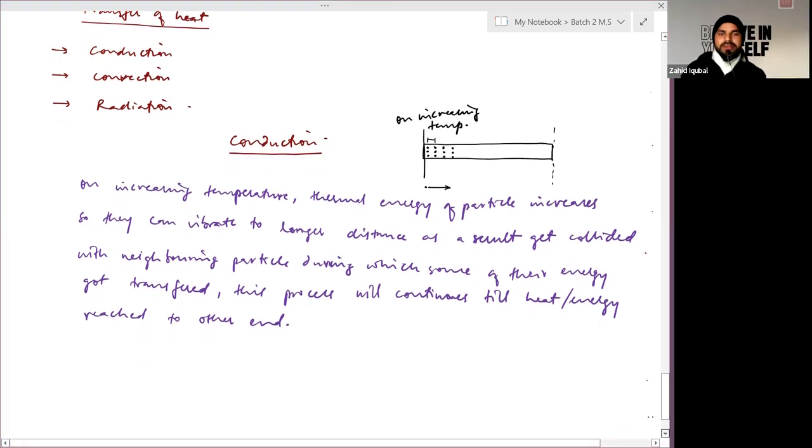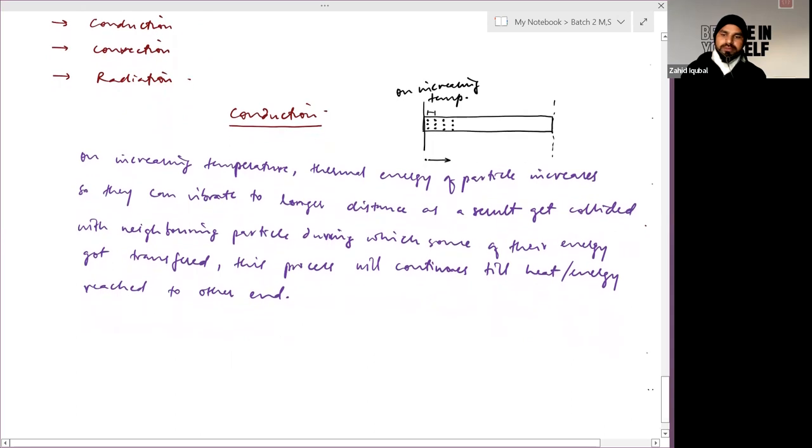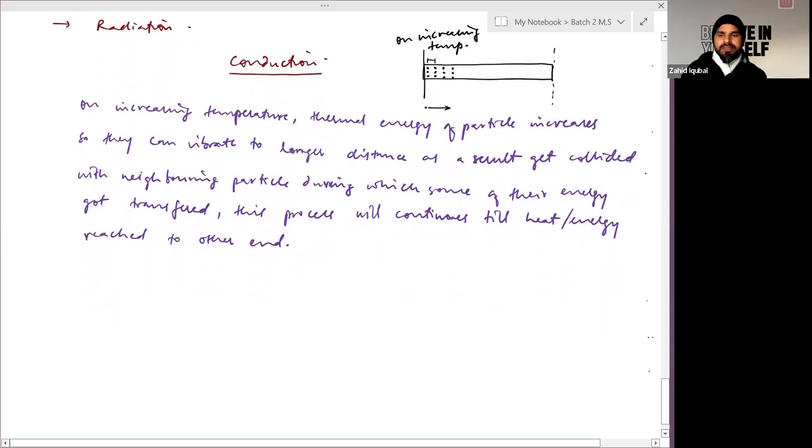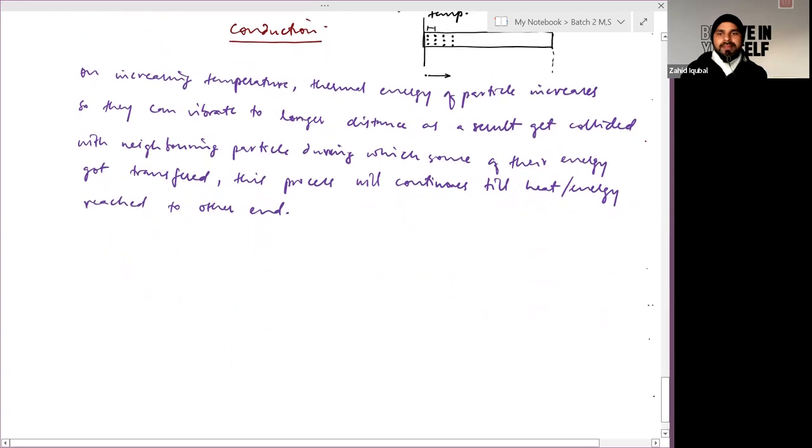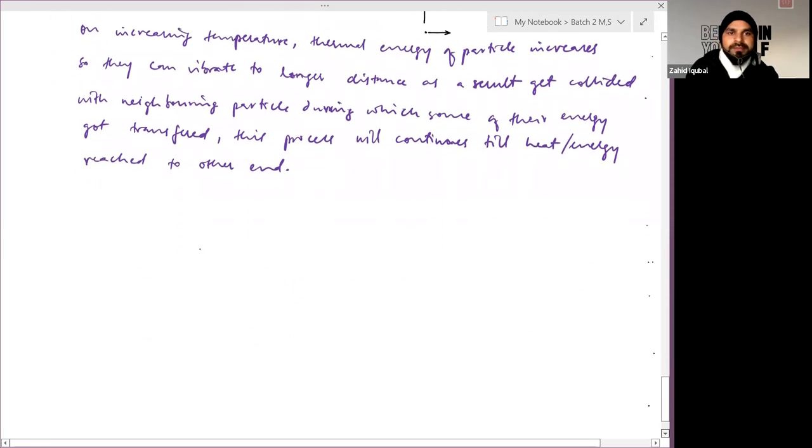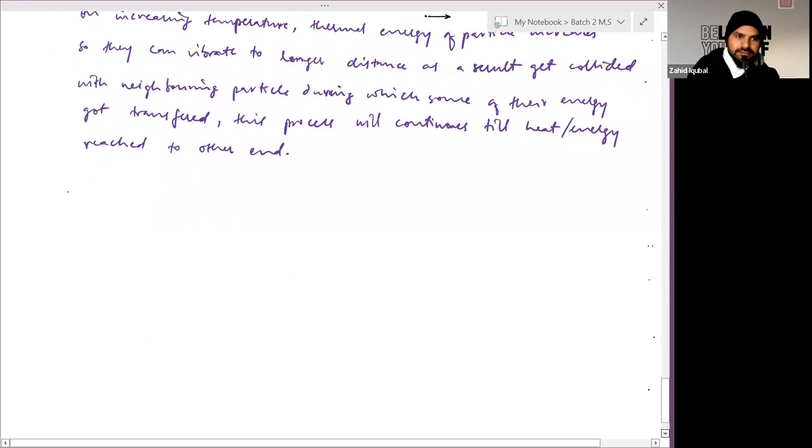Now, to define this particular process, let me remind you of the concept of electricity, which you must have learned in class 10th. Electric current.